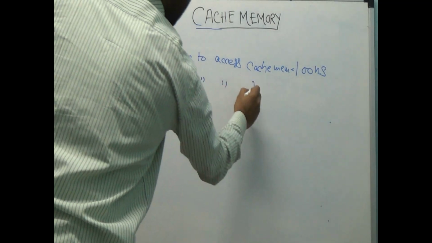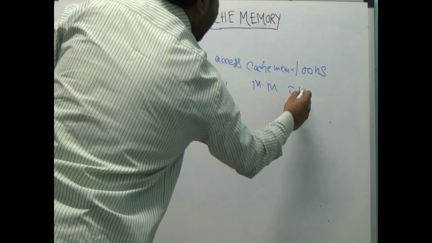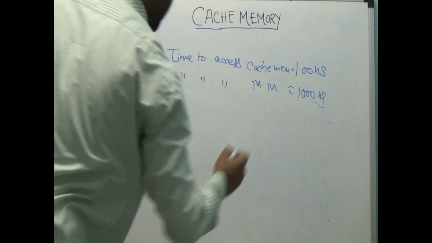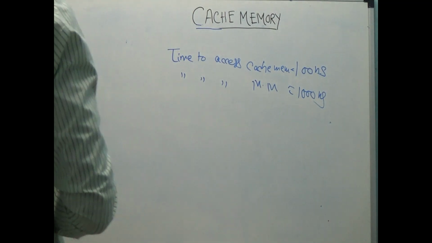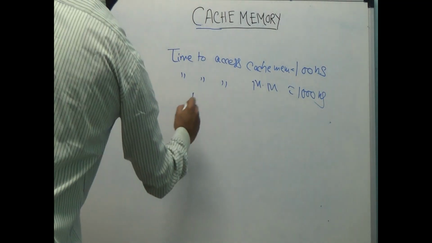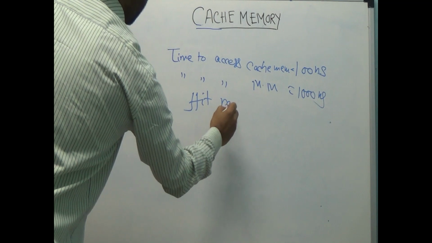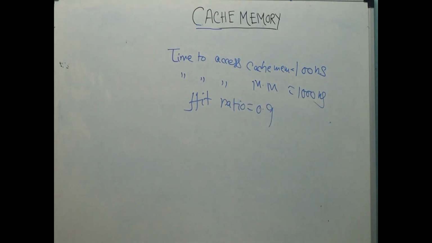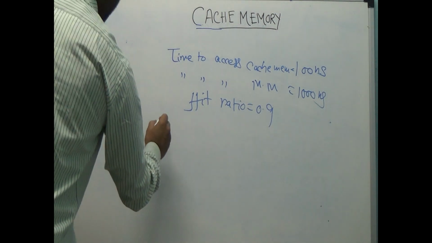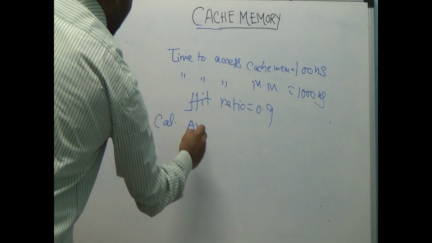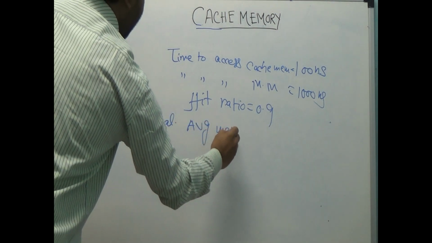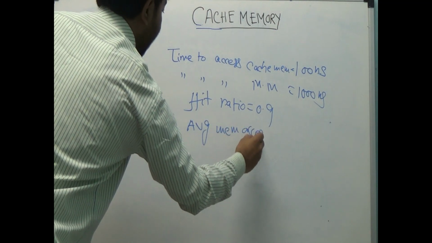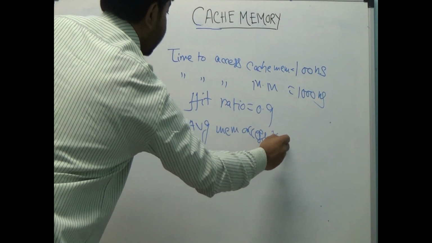Time to access main memory equal to 1000 nanosecond. Hit ratio equal to 0.9. You have to calculate average memory access time.